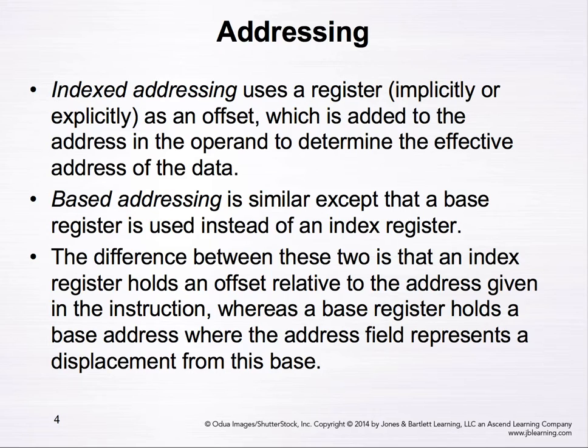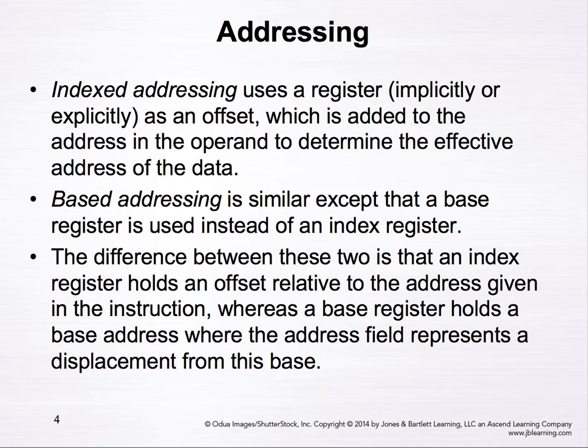The index addressing uses a register, implicitly or explicitly, as an offset, which is added to the address of the operand to determine the effective address of the data. We'll show through an example how the index addressing can be carried out. Base addressing is similar, except that a base register is used instead of an index register.